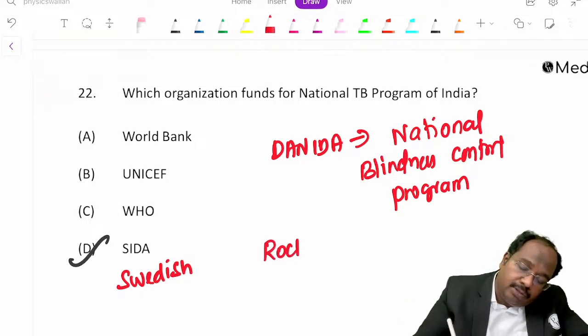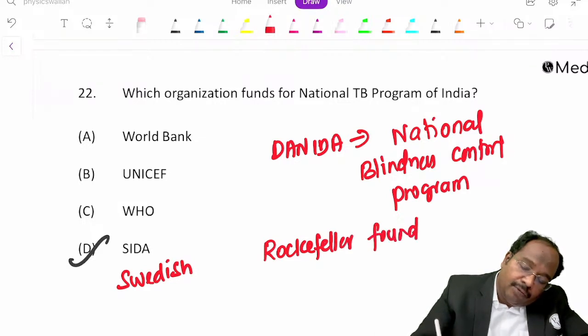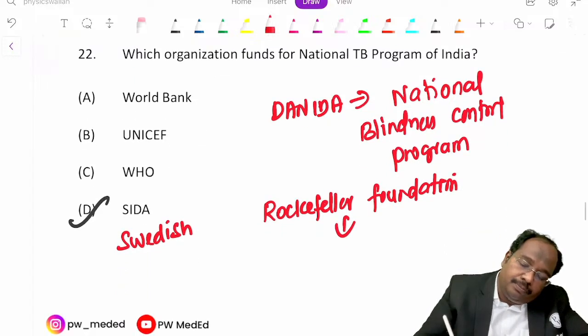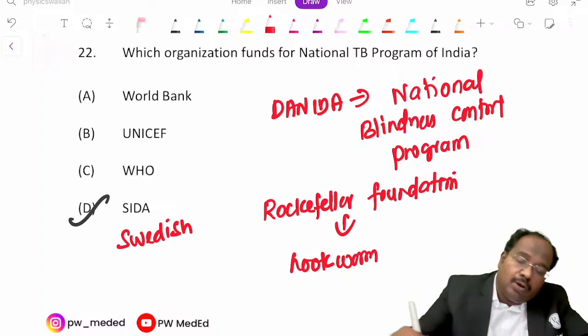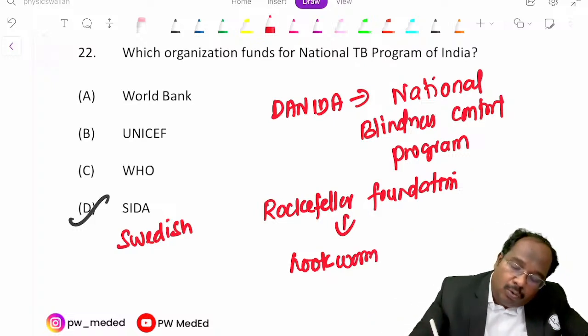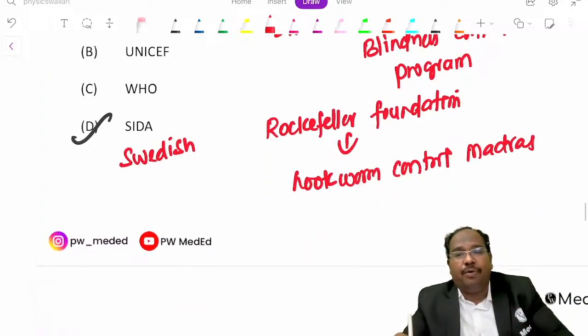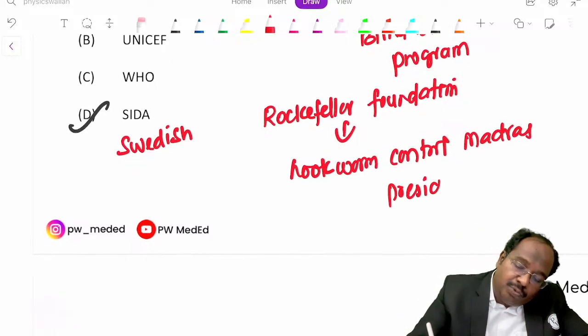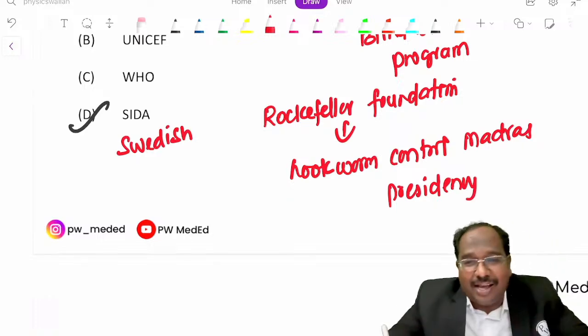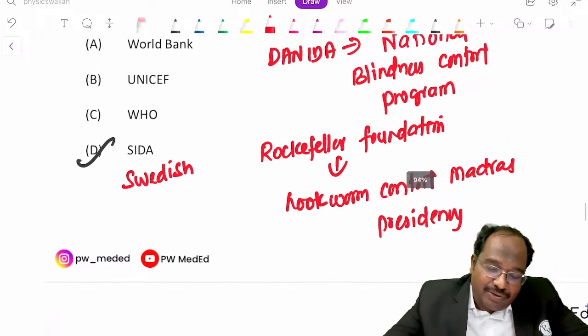In older times we had the Rockefeller Foundation, and they contributed to hookworm control in Madras Presidency, that is before independence. Madras, you may be wondering why they will ask this question. Yes, they are asking this question.